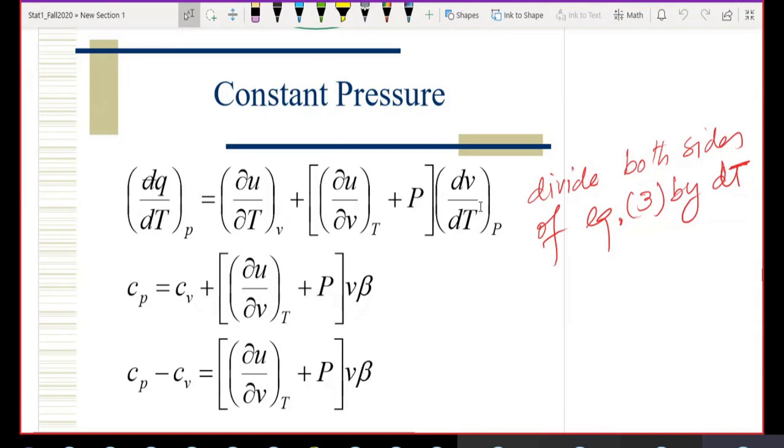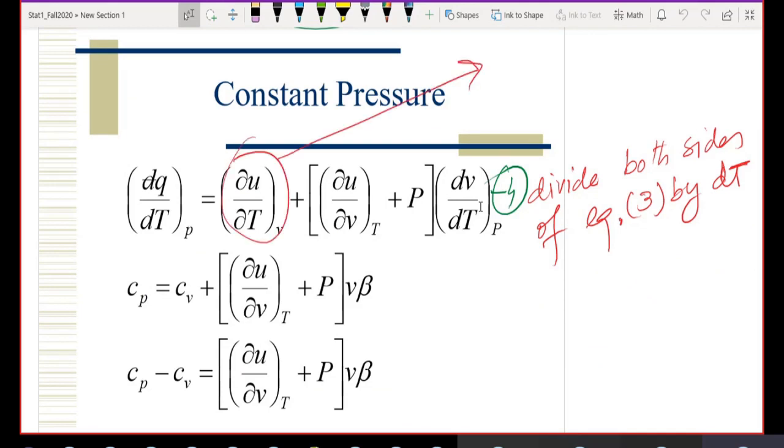That is for constant pressure. We call this equation 4, and now we define from this equation that you have already, from your definition, this is your CV.